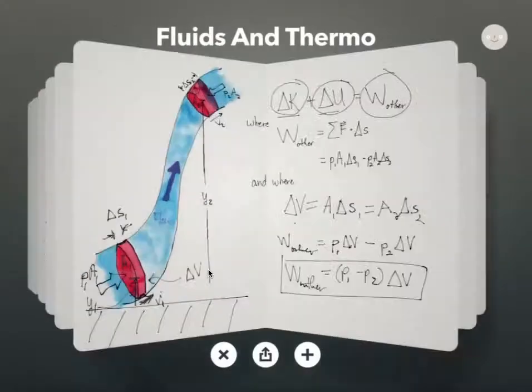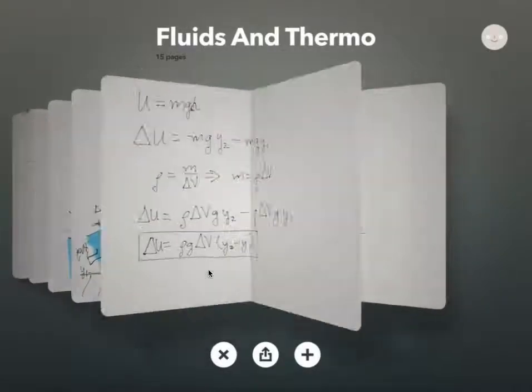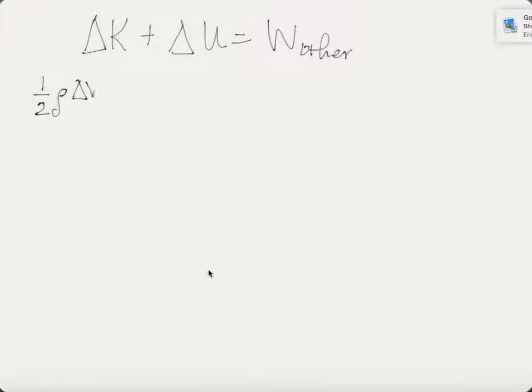So I'm just going to go back to that real quick and put all of those into this equation. We have delta K plus delta U equals work other. I just want to substitute those things into that equation. We'll start off with the first one: 1/2 rho delta V times V2 squared minus V1 squared.